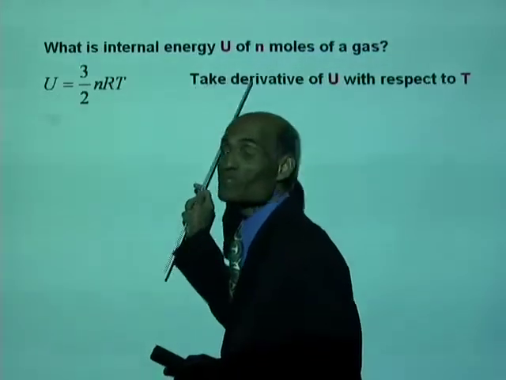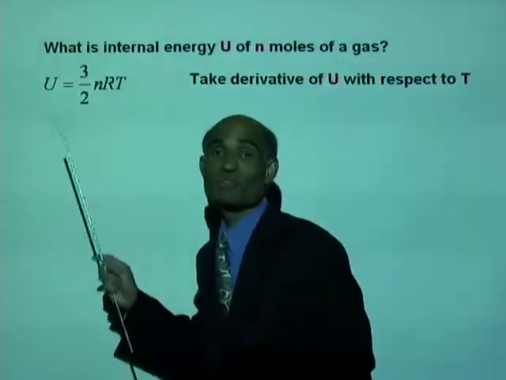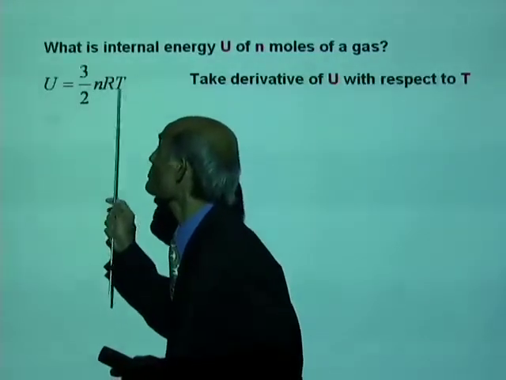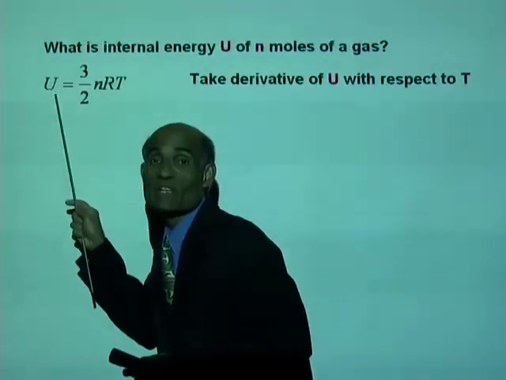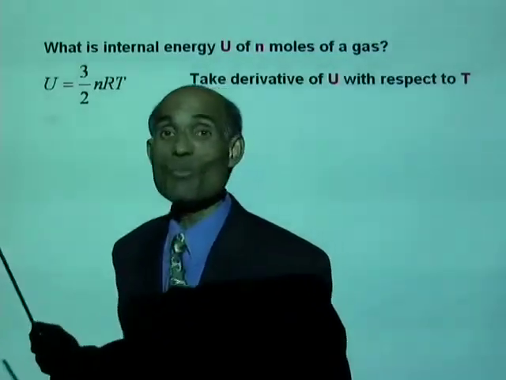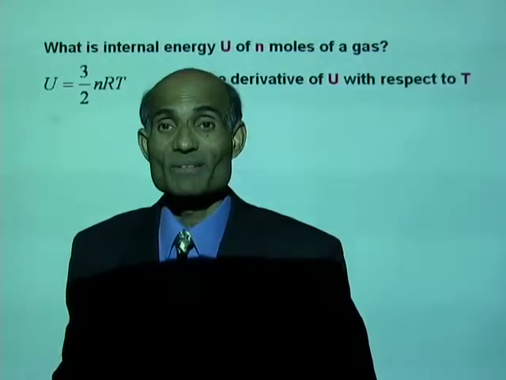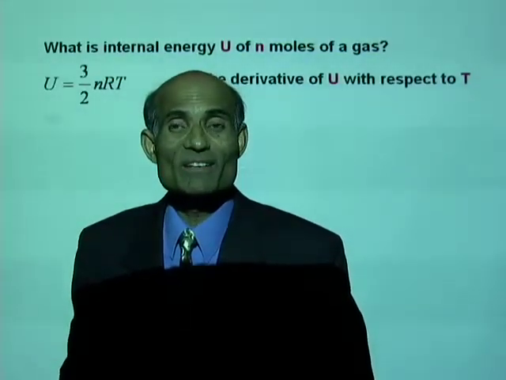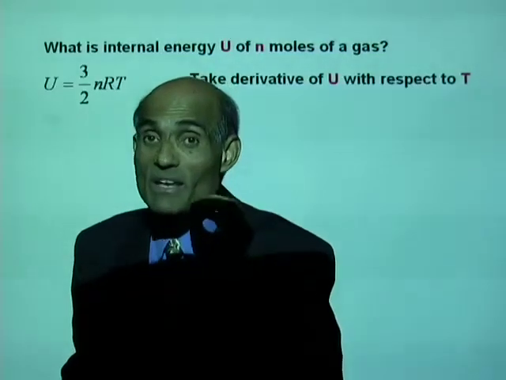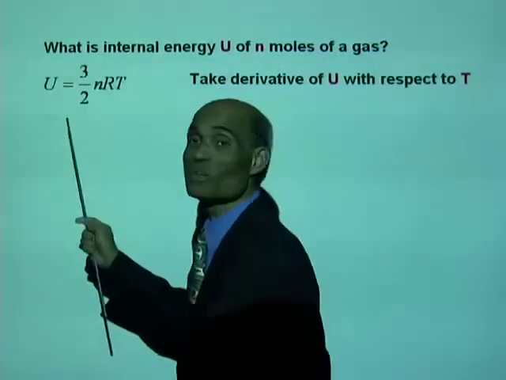Now, take the derivative of U with respect to T. If you take the derivative of U with respect to T, you get dU/dT on the left side. Can you tell me what is dU/dT? It is Cv, the heat capacity at constant volume, and that's why we are doing this.